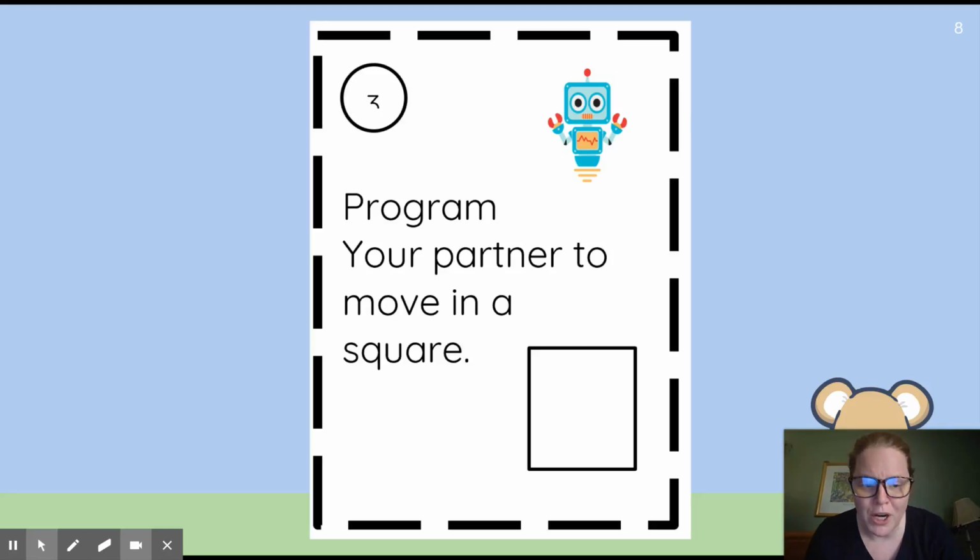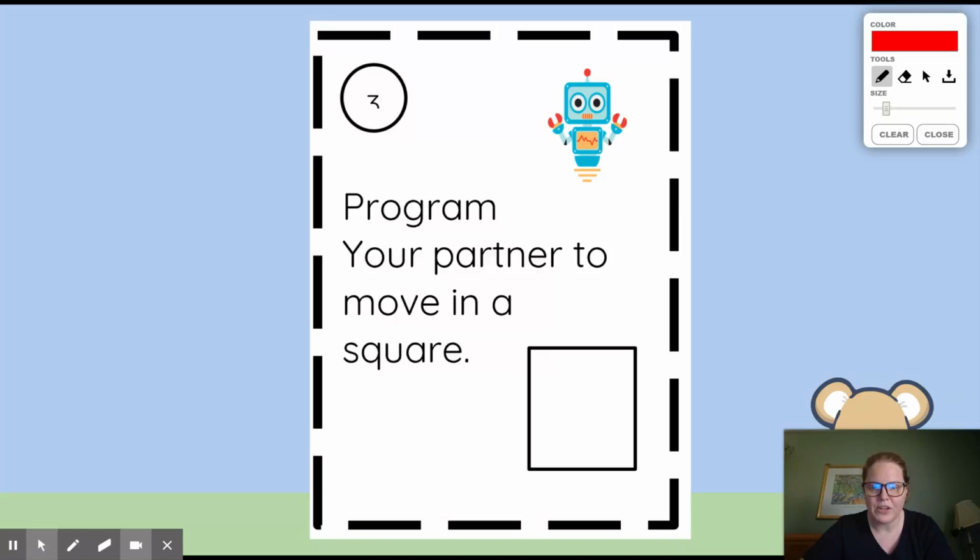Now program your partner to move in a square. This is where they're going to step forward, turn right, step forward, turn right, step forward, turn right, step forward.